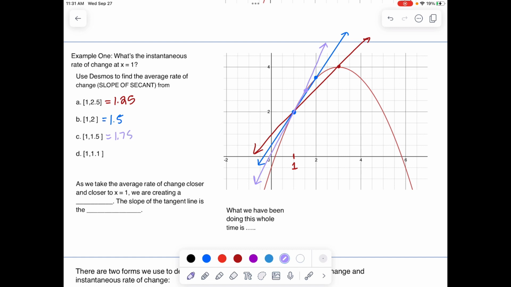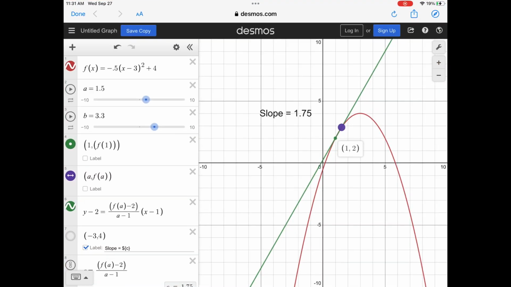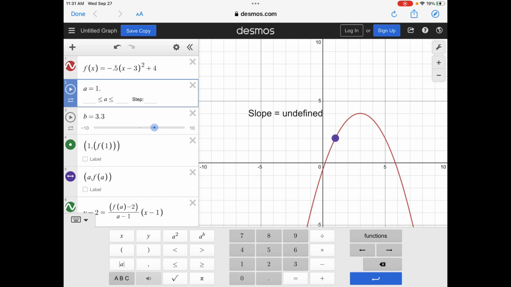And then I need to find one more color. I guess we can use black. And then this says 1 to 1.1, which is going to be really hard to draw, but this is kind of what my graph will look like. Instead of moving this, I can actually come and change this value to 1.1, and it will go straight there for me. And it says the slope is 1.95.